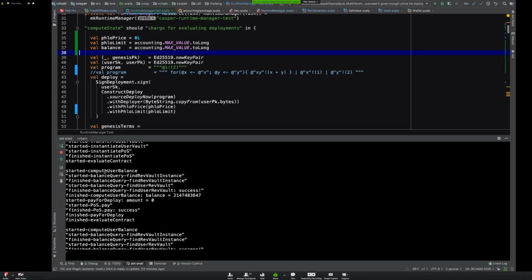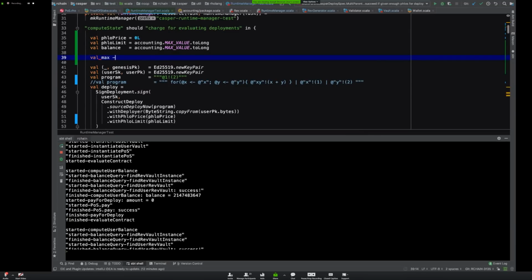If the user does not have enough rev in their vault to cover the maximum potential cost of the program, then the deployment is rejected outright. In this case, the maximum cost of the program is equal to flow price times flow limit, which is equal to 0. Which means that, of course, we do have enough rev in our vault because we have all the rev at this point.